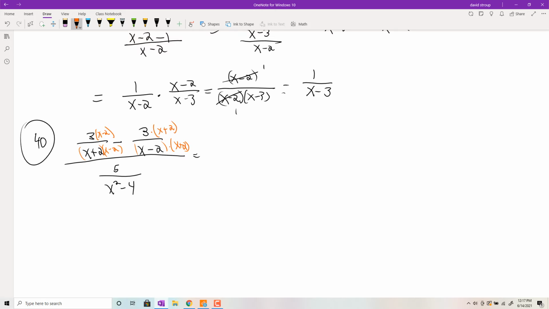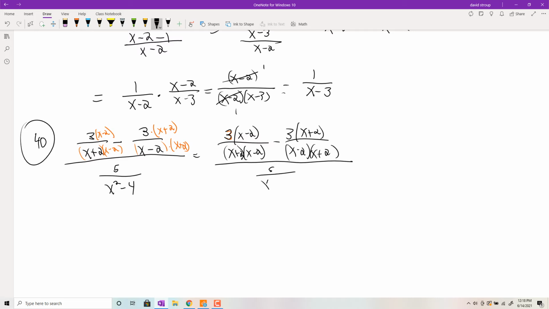So in the first numerator, or let's just rewrite everything, right? It's not a bad idea. So 3 times (x minus 2) all over (x plus 2) times (x minus 2), minus 3 times (x plus 2) all over (x minus 2) times (x plus 2), all over 5 all over x squared minus 4. Okay, now let's combine the numerators over the common denominator.